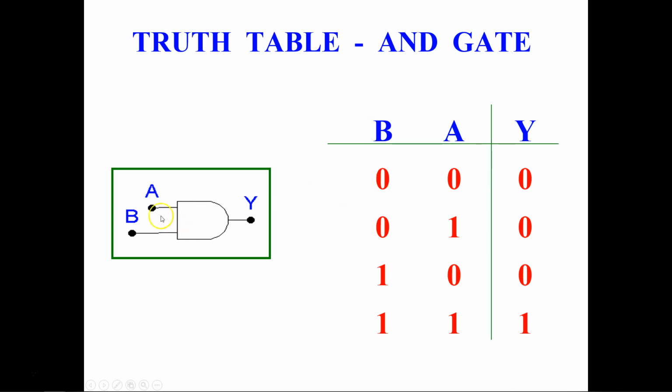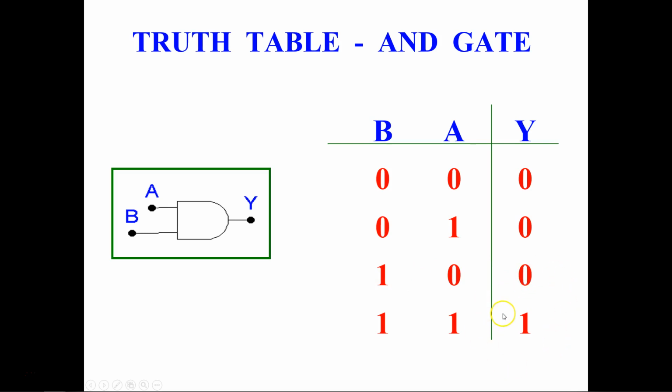In the first case, when A and B both are 0, then the multiplication of A and B is going to be 0. So that's why we have output as 0. If B is 0, A is 1, then again the multiplication of these two makes up 0. So that's why we have Y equals 0. And then the same here, when B is 1, A is 0, then again we are going to have Y equals 0.